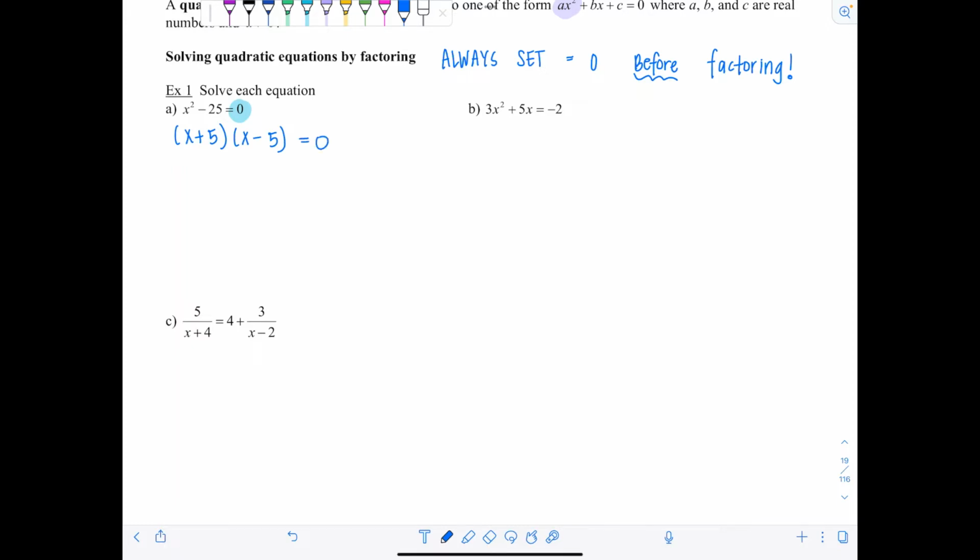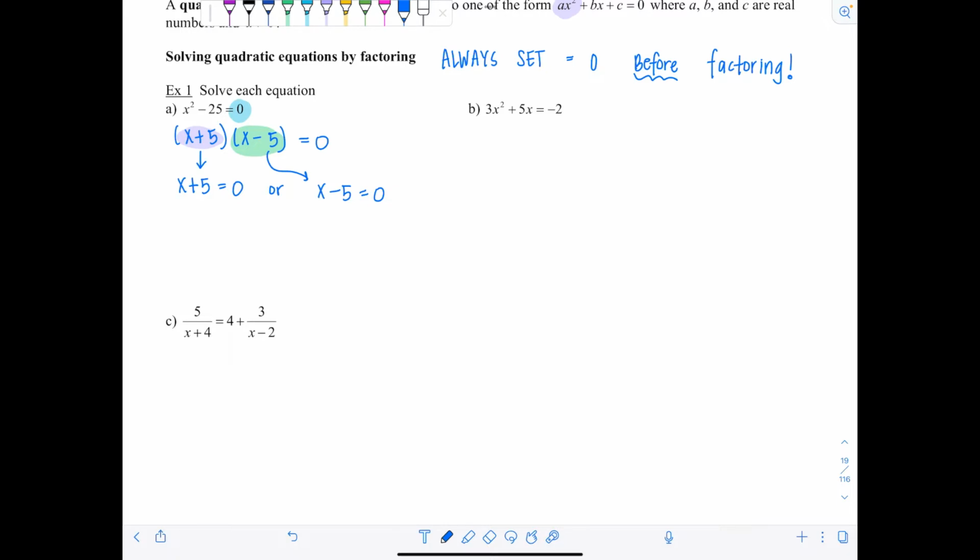The whole point of having a 0 on the right-hand side is for this next step. If x plus 5 times x minus 5 is equal to 0, then by the zero product property, either x plus 5 is 0 or x minus 5 is equal to 0, or both. You can't do that with any other number.